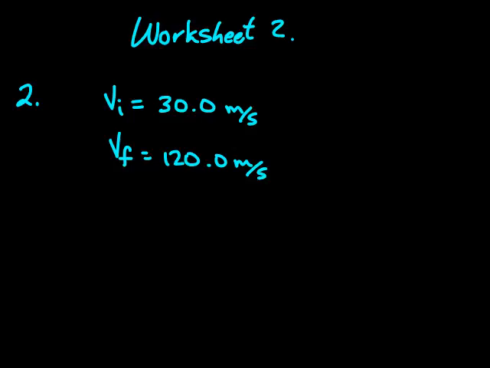So first thing we do on any of these is we list what we know. So I'll say my initial velocity, VI, is equal to 30.0 meters per second. So the 30.0 is important with respect to significant digits. Then the final velocity, VF, is equal to 120 meters per second.